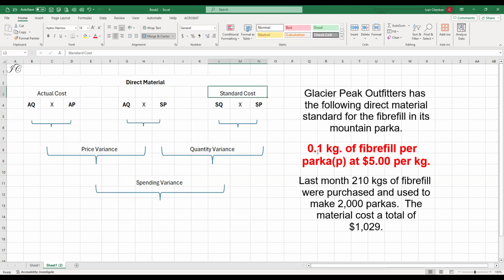For 0.1 kilogram of fiber fuel, which is the fiber fuel they're using to produce, they're paying $5 per kilogram. Now, our $5 here will be our standard price. Make sense?